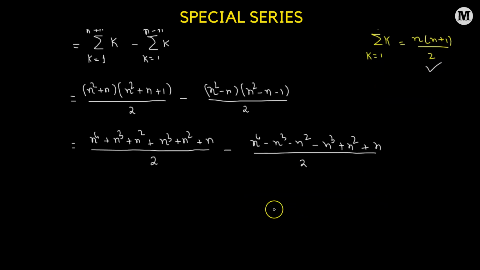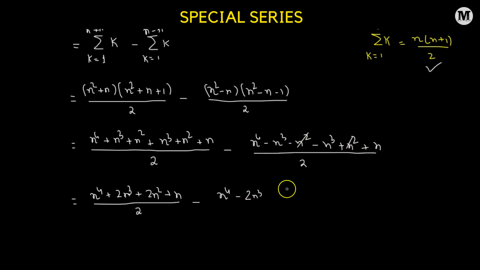Now we'll further simplify. This is going to give us n raised to the power of 4 plus 2n cubed plus 2n squared added to n, whole divided by 2, minus n raised to the power of 4 minus 2n cubed, and then negative n squared, positive n squared. This gets cancelled out, leaving us with plus n, whole divided by 2.